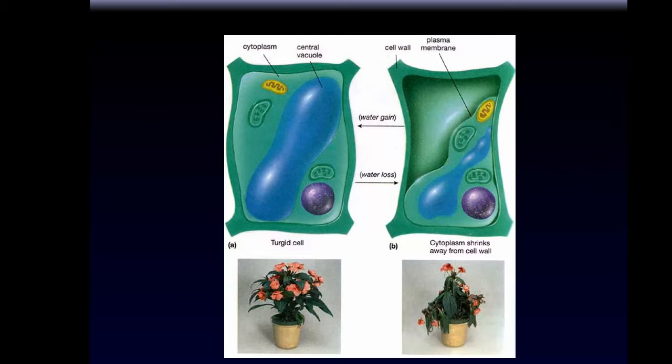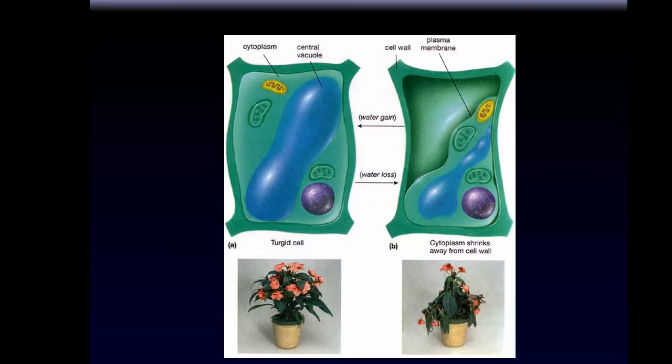It won't burst because, unlike the red cell, a plant has a cell wall. The cell wall prevents the plant cell from bursting or having serious damage. So when you do give the plant water, the plant will become healthy again, will become strong, stand up tall. You follow? So the plant is protected against these changes because of the cell wall.